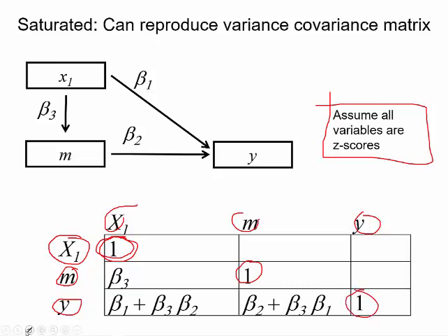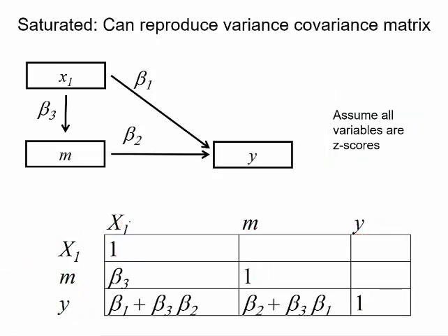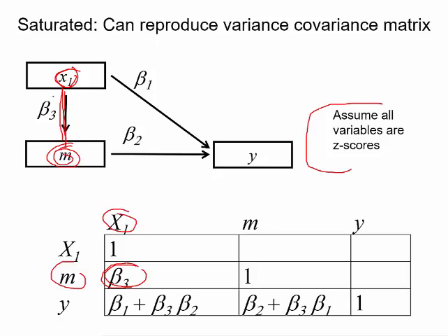That was fairly easy. Now, we need to get the covariance between x1 and m. In my model, I say x1 predicts m, and it turns out this beta weight right here will be that covariance. Recall that if everything is turned to z-scores prior to analysis, in a simple regression equation with just a single predictor and one outcome, the beta weight is the same as the correlation, and the correlation is the same as the covariance.